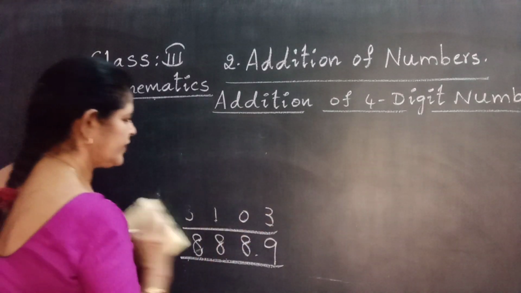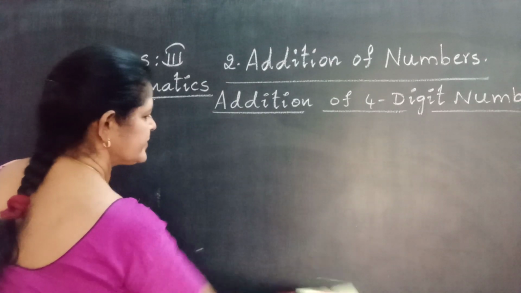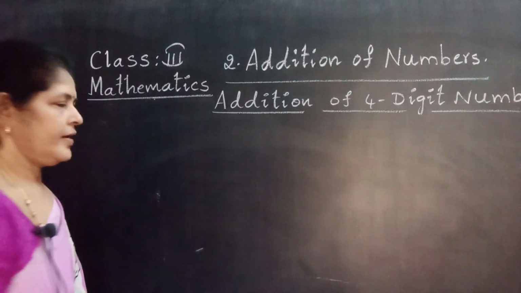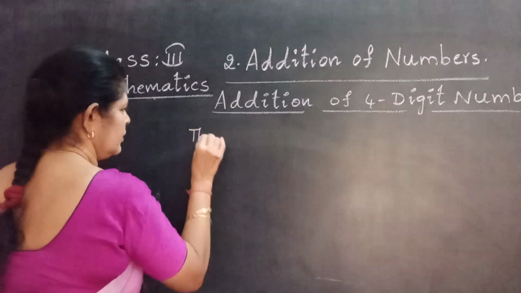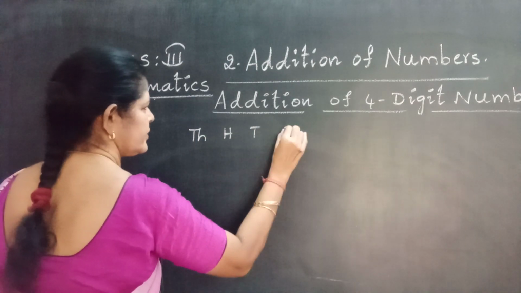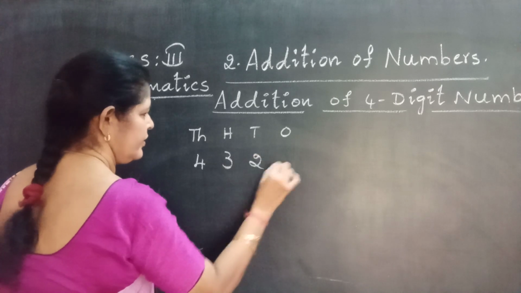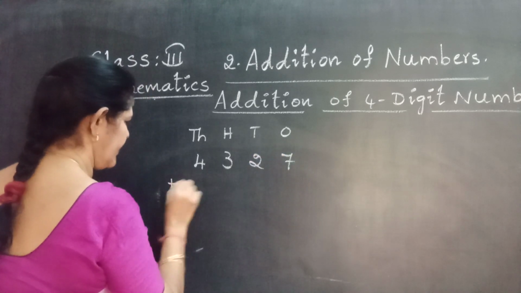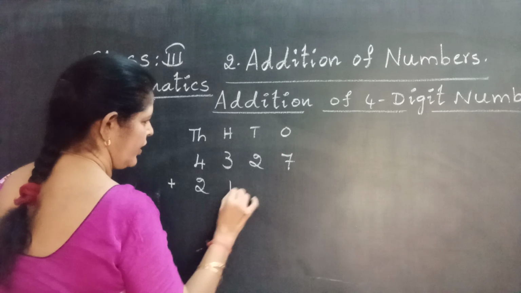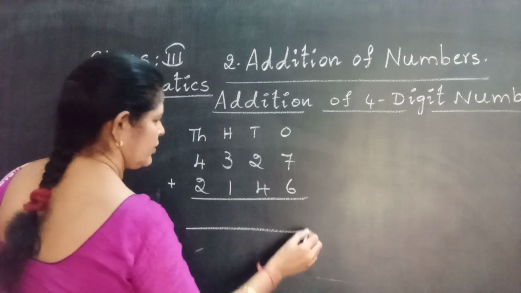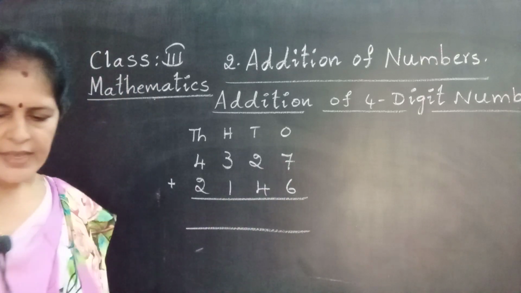Now with regrouping, addition of 4-digit numbers with regrouping. Thousands, hundreds, tens, ones. 4,327 plus 2,146. Adding ones, 7 plus 6.